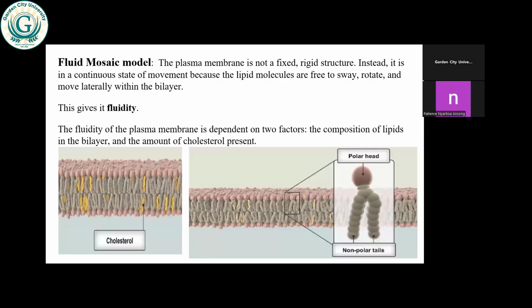Also, they don't carry any charge and they are fat soluble, so they can pass through. An example is the various gases that we have: oxygen gas, carbon dioxide, nitrogen gas, and so on. All those gas molecules are small. They have a smaller molecular weight, and therefore they can easily pass through the spaces between the phospholipids.